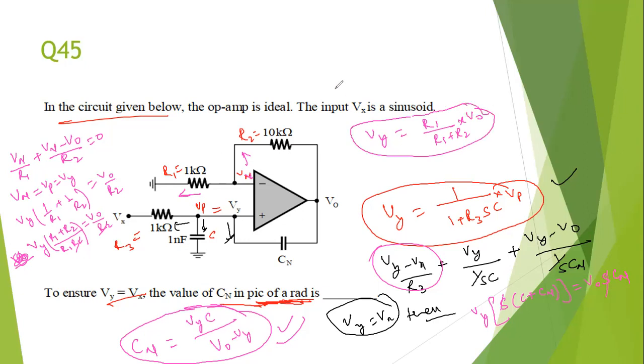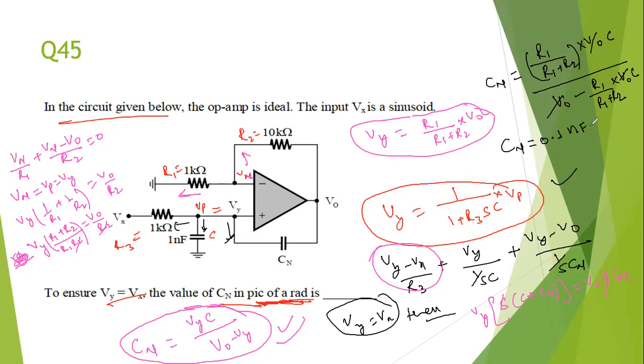Now just replace Cn equal to Vy into C upon V naught minus R1 upon R1 plus R2 into V naught into C. V naught cancels out, and after putting the R1, R2 and C values, you will get Cn is approximately equal to 0.1 nanofarad, and this can also be written as 100 picofarad.